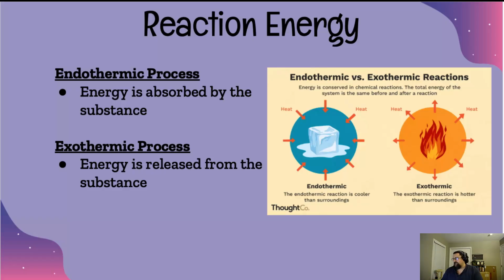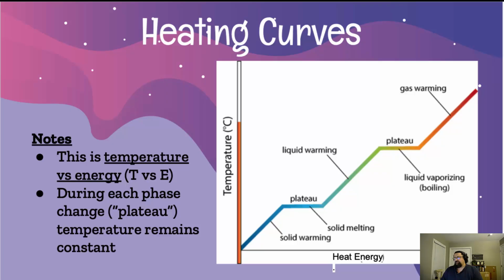Whereas exothermic is heat leaving the system. So if you ignite something, you have energy that is stored within the system and it is being released out of it. An exothermic process releases energy. So now we get into what are called heating curves.